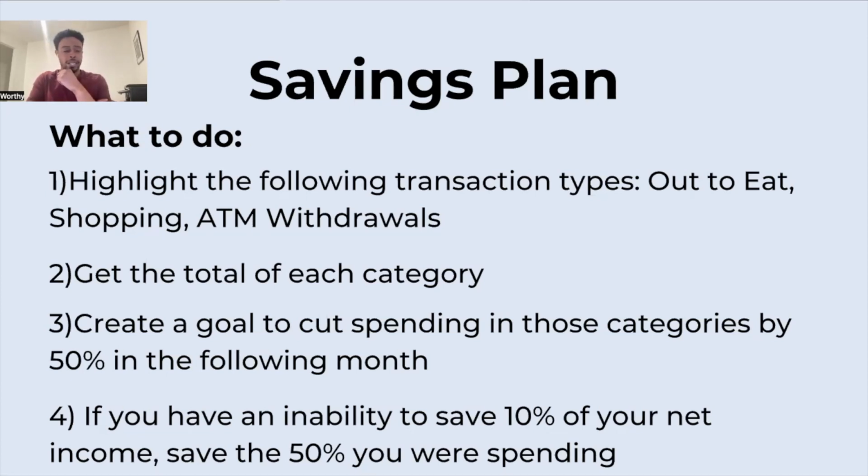This is not a shock. This shouldn't be something that creates woe in your life, because we're only dealing with out to eat, shopping, and the ATM withdrawals. So again, if you spent $600 out to eat, your goal for March, when you create your household budget, would be to only spend $300 out to eat.